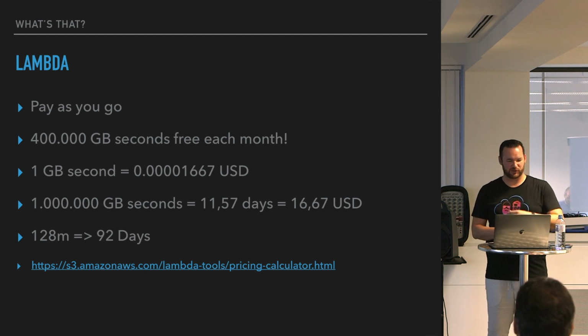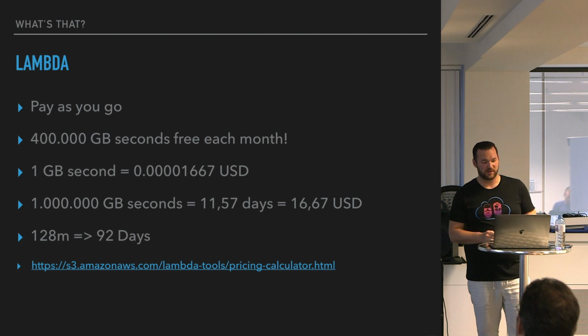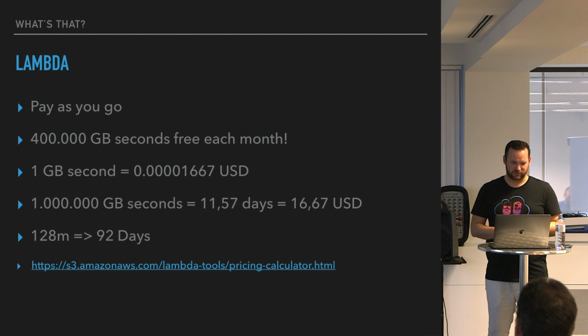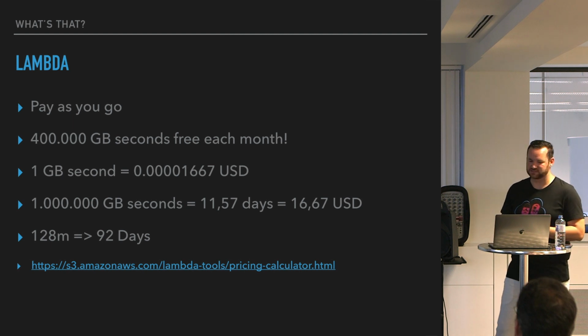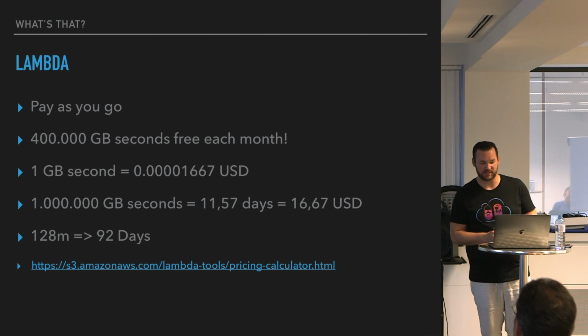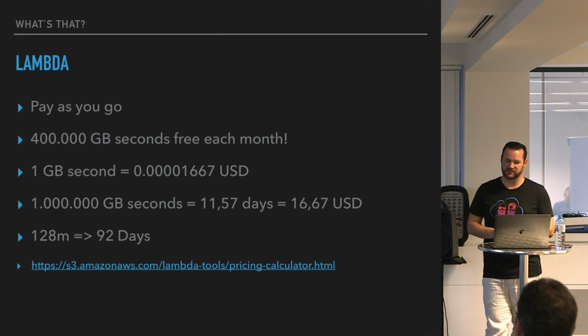So that means if you break it down, 1 gigabyte second costs you 0.0000166667 US dollars. And that means that 1 million gigabyte seconds, which equals 11 days of execution of your Lambda function, costs you around $16.